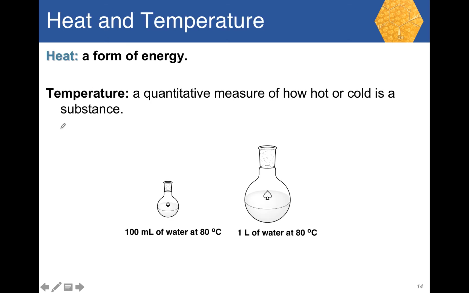Let's look at another concept before we start doing our calculations. Heat, of course, as you know, is a form of energy. Temperature, however, as a definition, is a quantitative measure, using numbers to measure how hot or how cold a substance is.